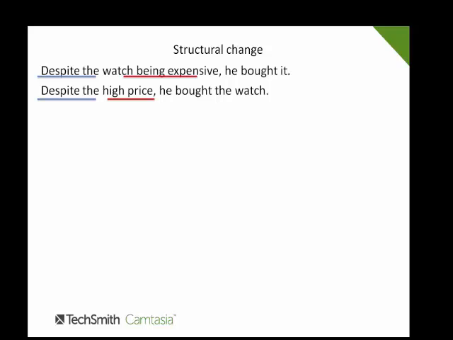So being, it's a gerund. So here despite can be followed by a gerund. In the second example, we have despite the high price. The high price is a noun. So despite can be followed by a noun or a gerund. Also in spite of, despite and in spite of have the same structural changes.